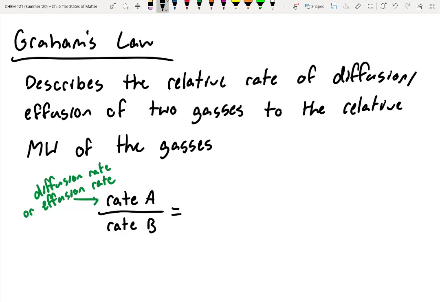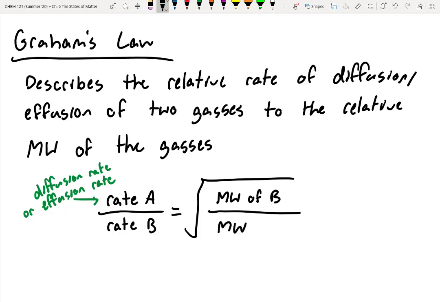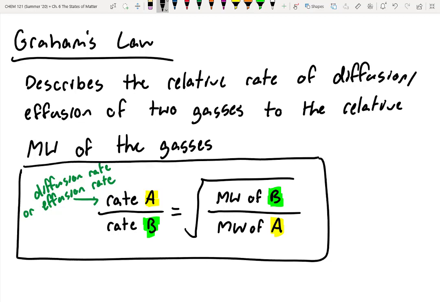So how fast does one gas diffuse relative to another gas? And for the other side of this equation, we're going to take the molecular weight of gas B divided by the molecular weight of gas A. So as you can see, the A's are actually on opposite sides, and the B's are on opposite sides. But this is a useful law for figuring out diffusion and effusion rates.